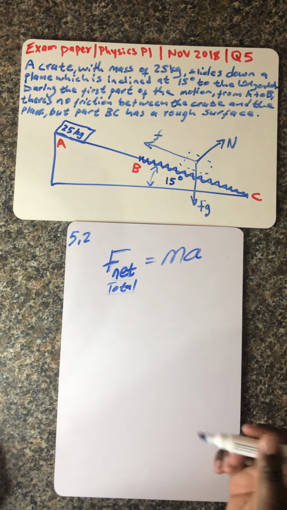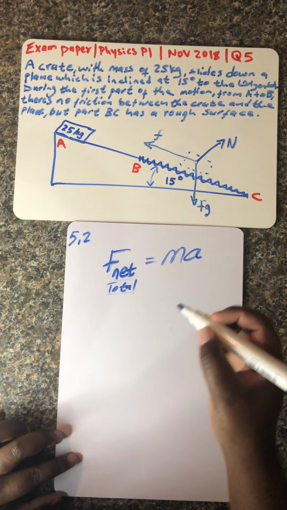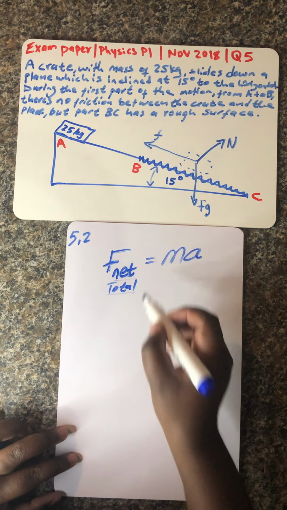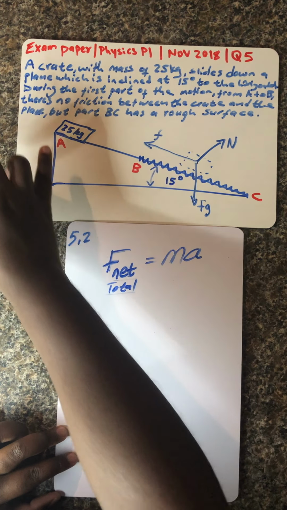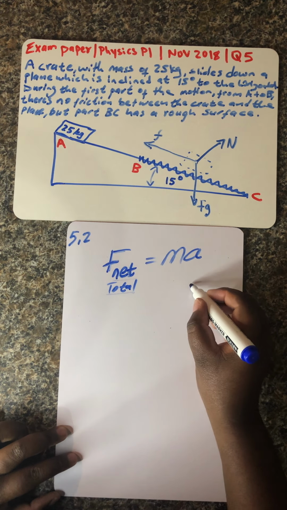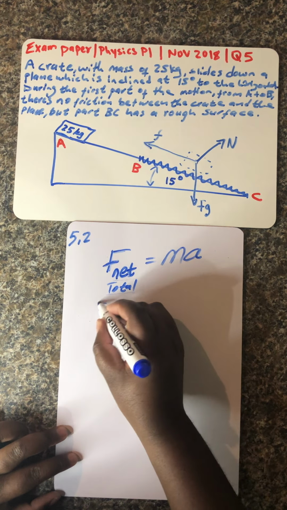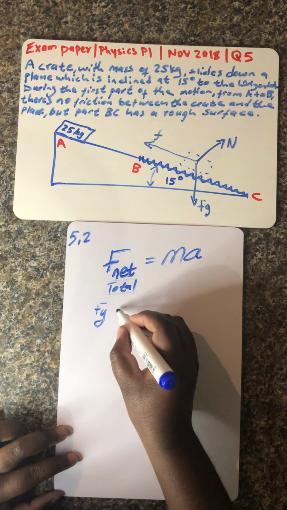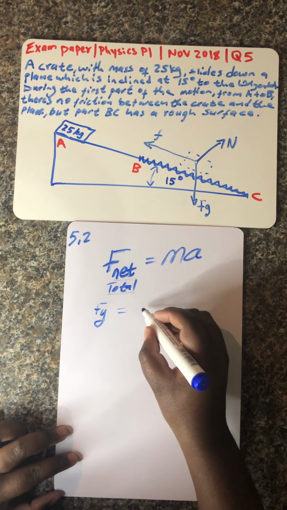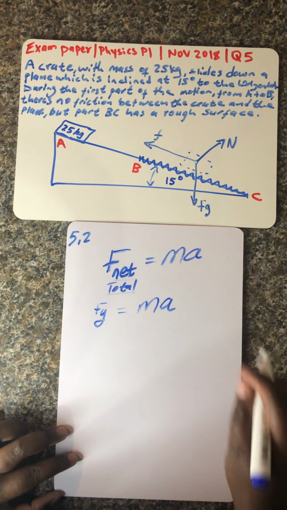So guys, very much important, this is the net force. I've just indicated to you that the only force acting on that object between A and B is the force of gravity. So this force of gravity will be equal to ma.